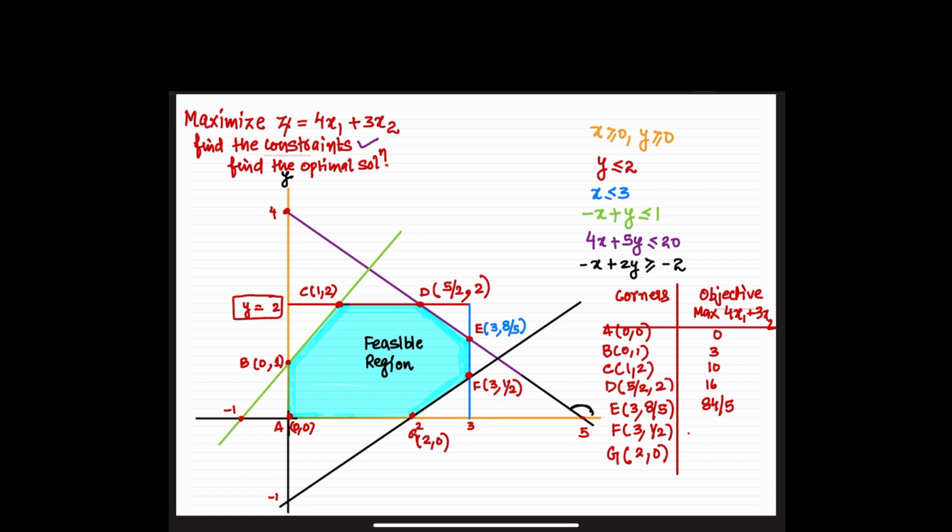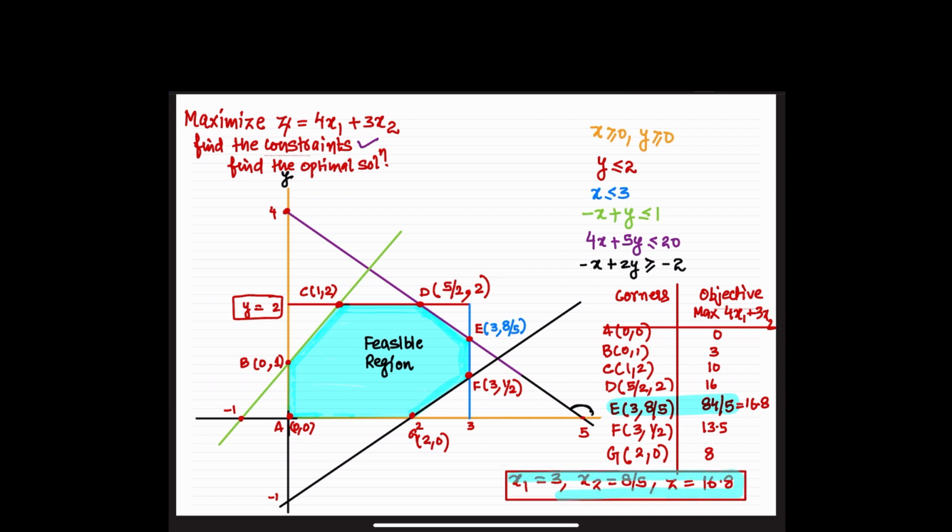The next, 12 plus 3/2, that is 13.5. The next, you have 8. So the maxima is in fact this 84/5, because this is 16.8. So the point of optima is x1 equals to 3, x2 equals to 8/5, and z equals to 16.8. So this is the optimal solution.